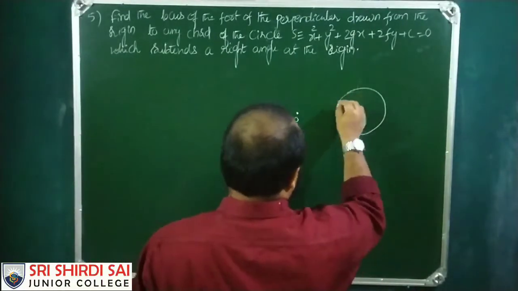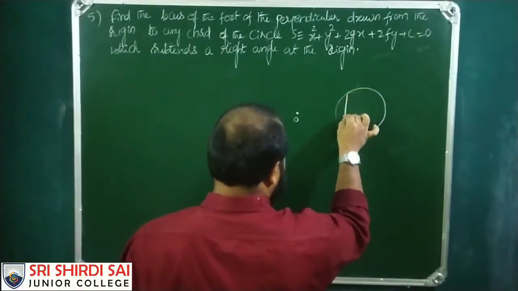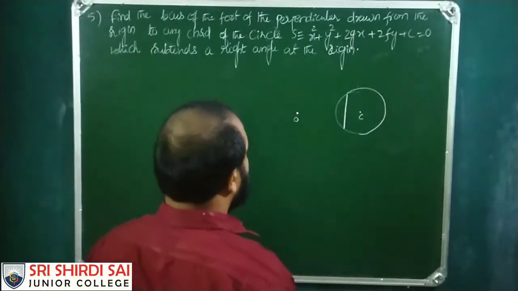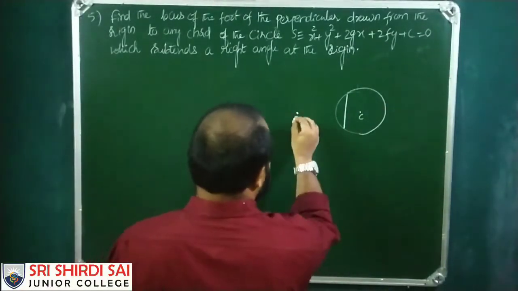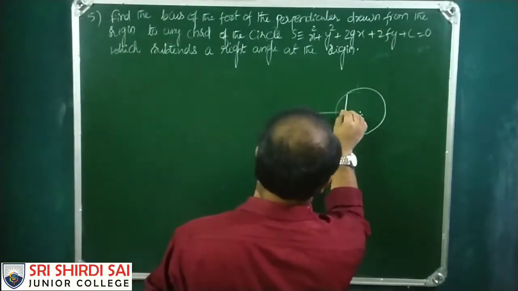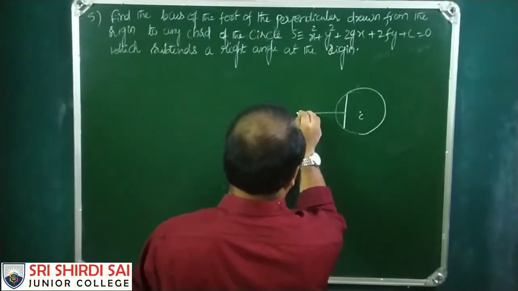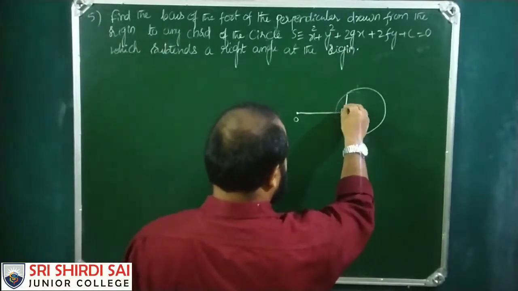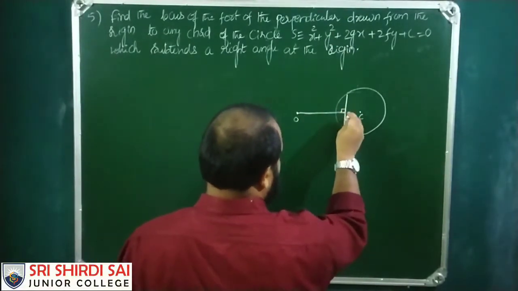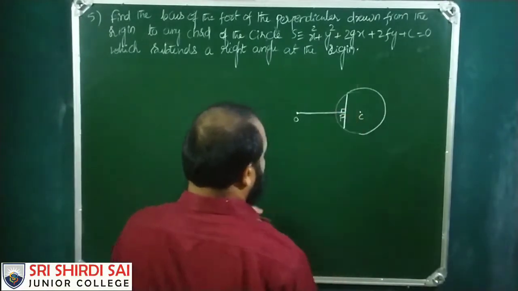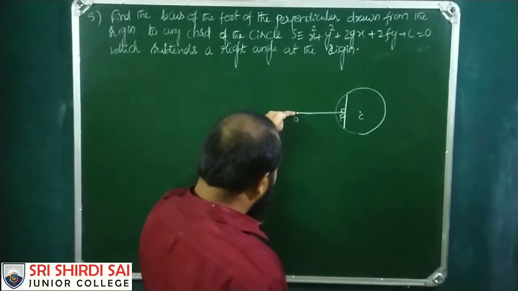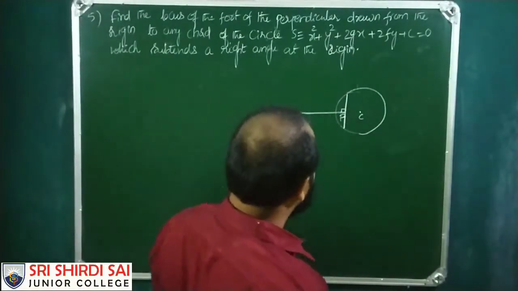So this is a chord, and this is the center of the circle, for example. If you join the line from the origin to this chord, then this is the foot of the perpendicular. Let us suppose that this is P. What is P? P is the foot of the perpendicular drawn from the origin to this chord.